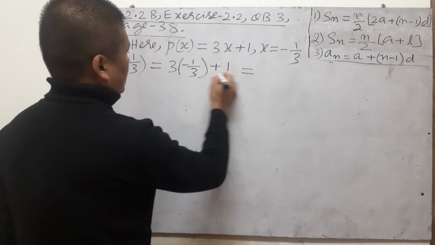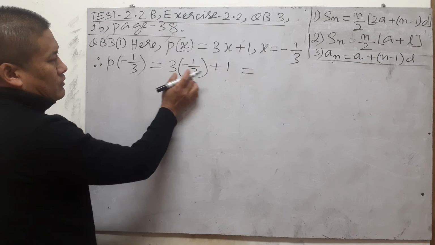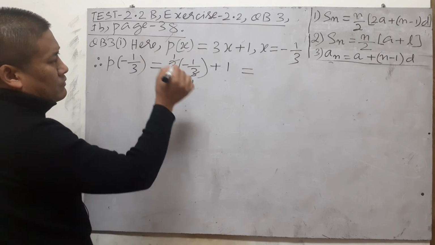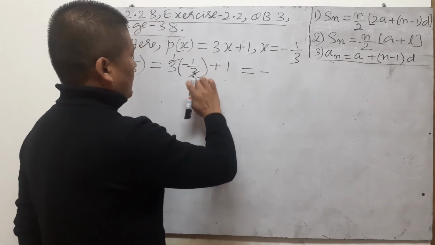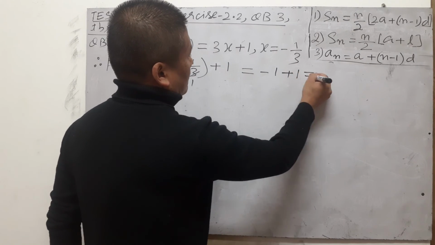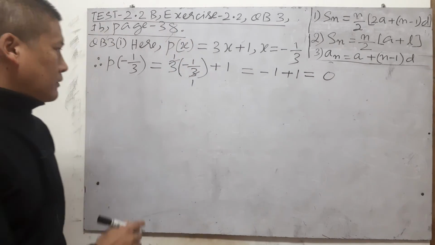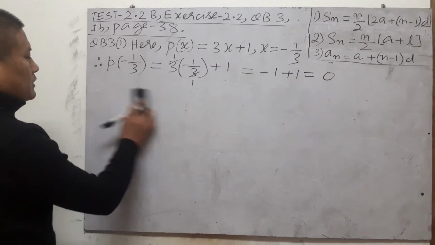Bracket here means 3 is multiplied to this. So we can cancel: 3 1s are 3 and 3 1s are 3. And plus and minus is minus. 1 by 1 is 1 only. So minus 1 and plus here 1. So minus 1 plus 1 is 0, right?